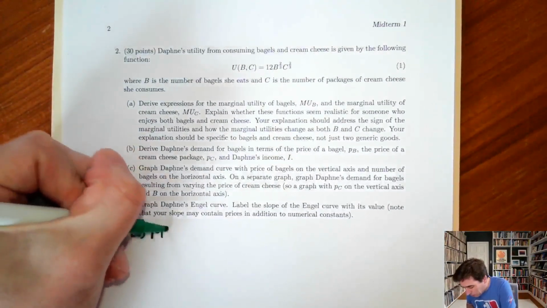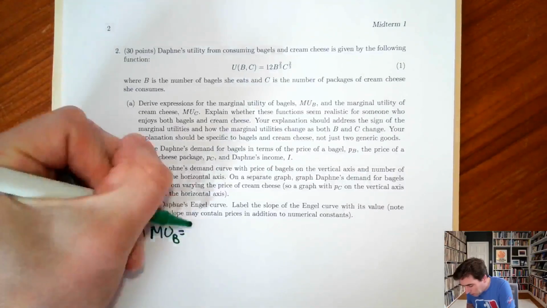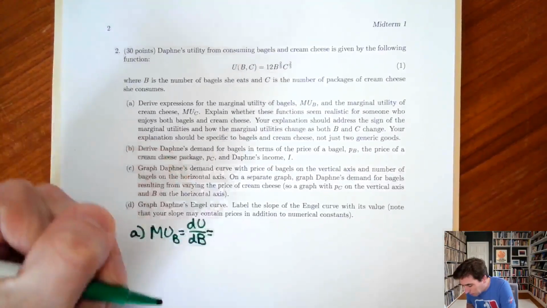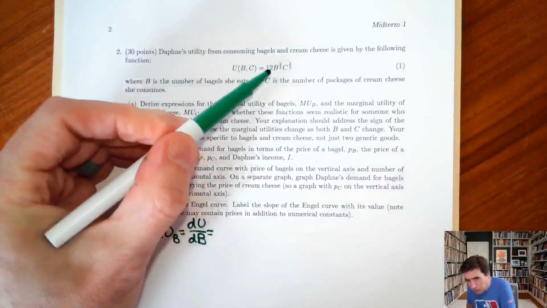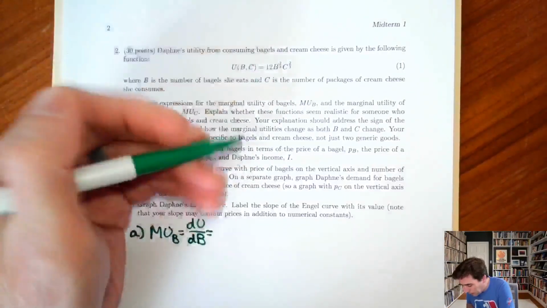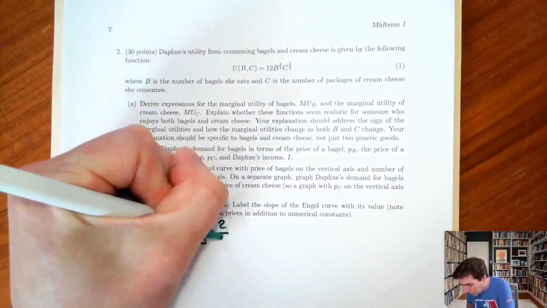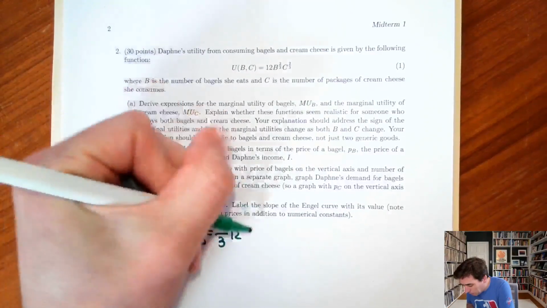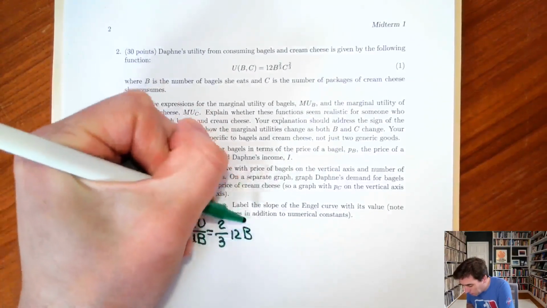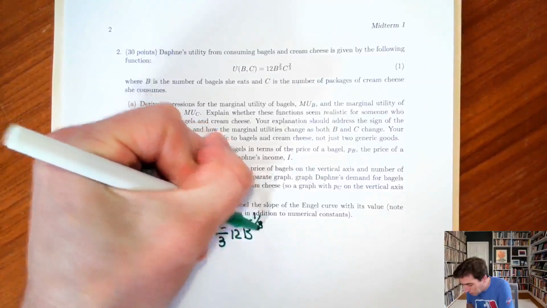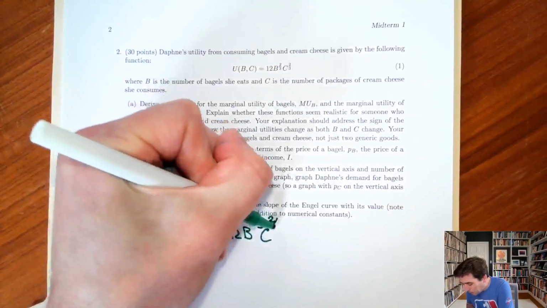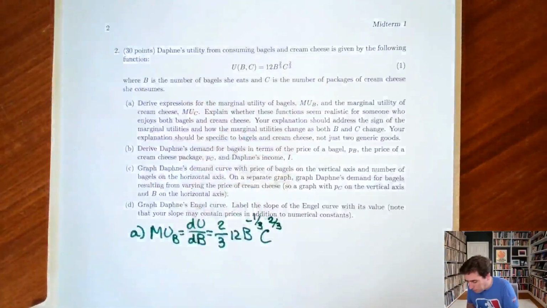So my marginal utility for bagels is going to be the derivative of utility with respect to B. All right, so I'm looking up at my function here, bringing down my exponent. My 12 out front stays the same. I'm lowering my exponent on B by 1, so it becomes B to the minus 1/3. And I'm leaving my C to the 2/3 as is.